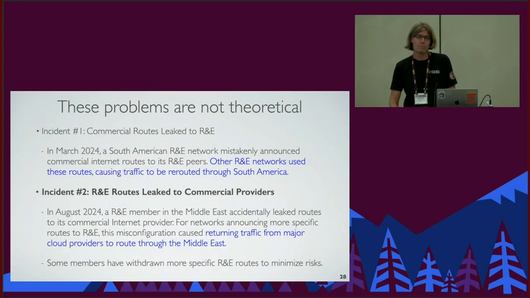But now that the most specific route is appearing in the commodity table as well, the traffic ends up being routed through, in this case, the Middle East, because it was the most specific route. And as a result, some members have withdrawn more specific R&E routes to minimize risks.